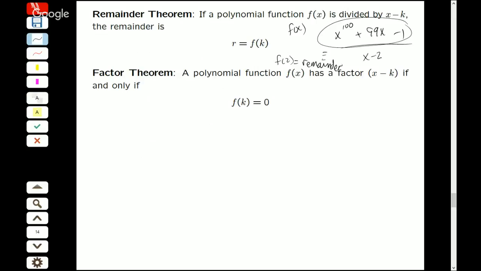It doesn't seem obvious that that should be the way it works, but that is the way it works, and we're not going to prove it today. So for the factor theorem, if x minus k is a factor, then f of k has to be 0. It has to have a remainder of 0. And you know that f of k is the remainder when dividing by x minus k.